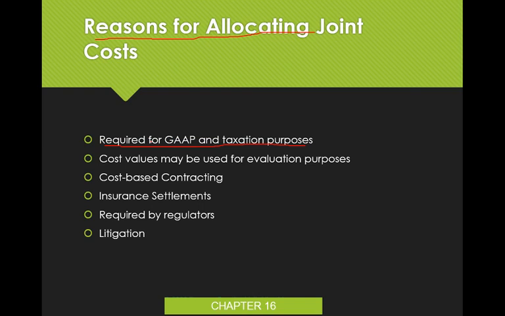It is required under US GAAP and IFRS to allocate joint costs to joint products for the preparation of financial statements, and for taxation purposes, when you want to file for tax, you need to allocate these costs to products.